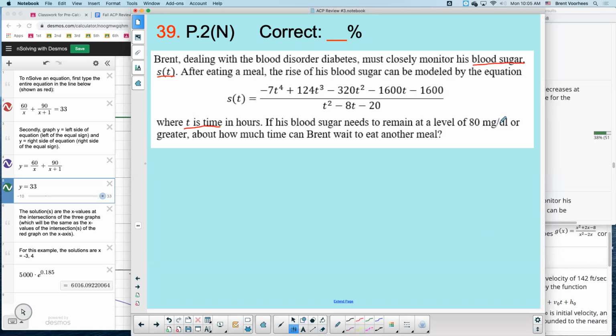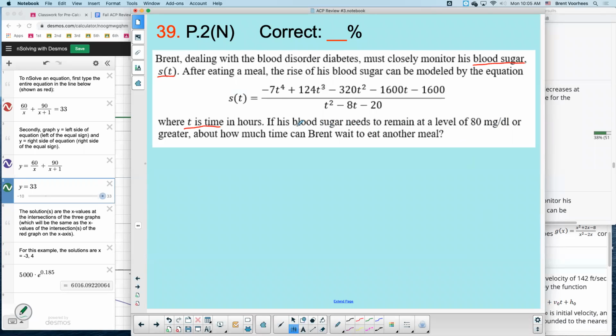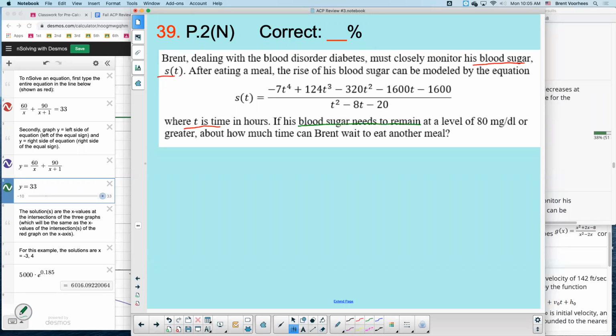The milligrams per deciliter refers to blood sugar. If my blood sugar needs to remain at a level of 80 or higher, so where I'm going to plug this in is for S of T. So the equation we're going to plug in to solve this is all of that.